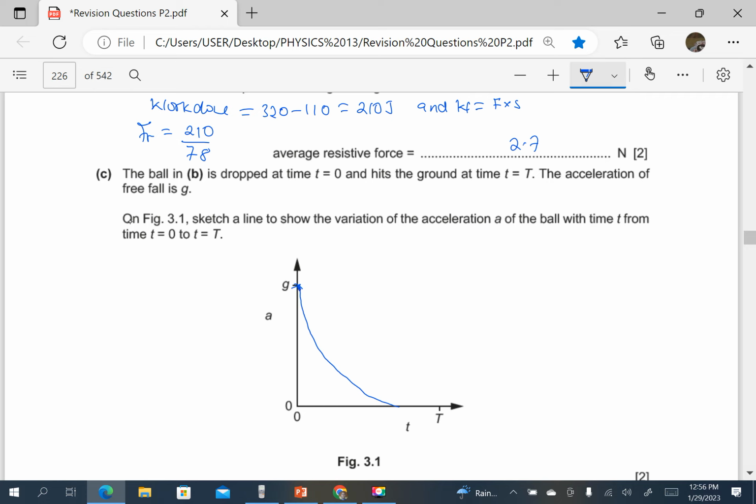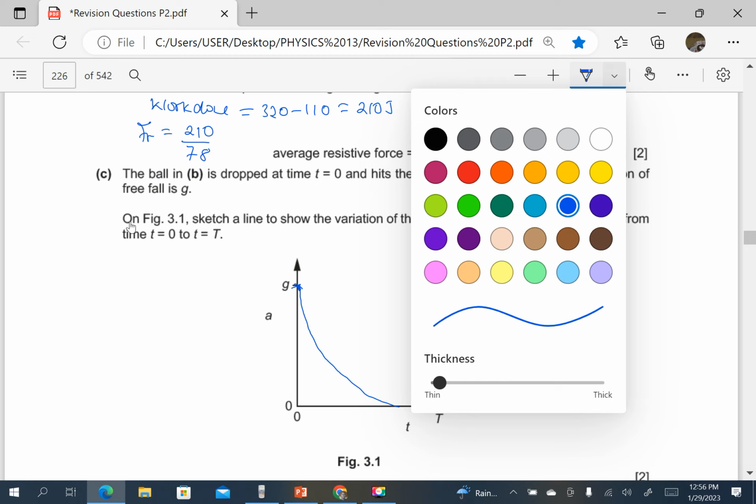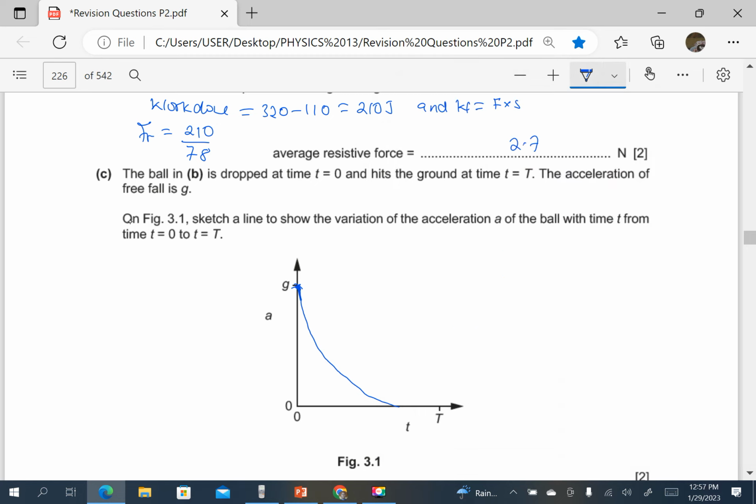reaching point T. So it is going to be a curve, can increase the thickness. It should be a smooth curve, which touches the x-axis before time T, because the ball reaches terminal velocity. In other words, acceleration becomes 0 before it hits the ground.